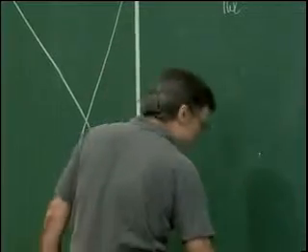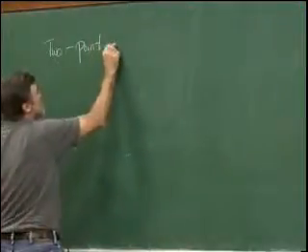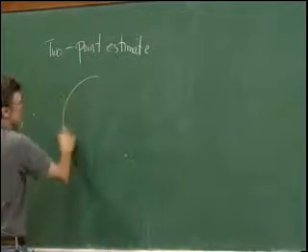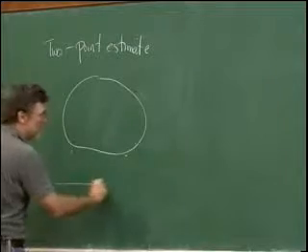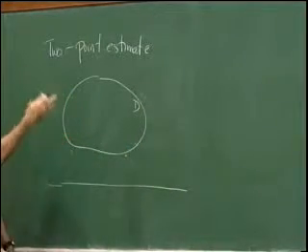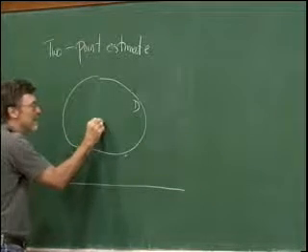Remind you what the two-point estimate is, what I mean by the two-point estimate. I mentioned last time, I have a domain D that's just a bounded domain, bounded away from the real line.